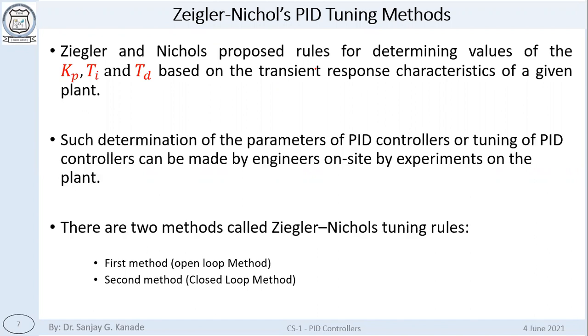You give the plant an input, generally a step input, and look at the response before reaching the steady state. That is called the transient response. And from that response, you can determine the parameters of the PID controller, using, as I said, the first method and second method.